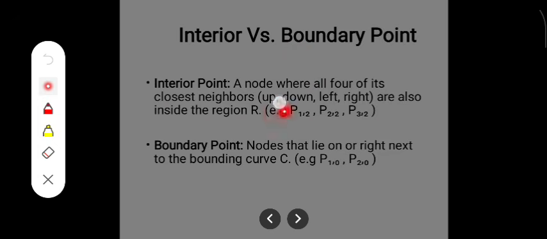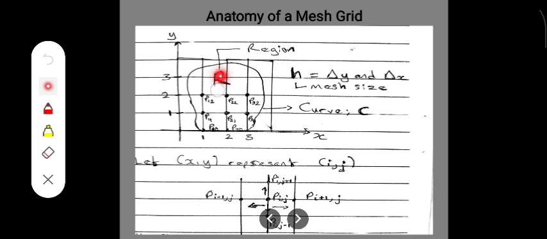Examples of nodes in this particular graph are p22, p32, p21, and p31. In this particular region we have p22, p32, p21. Their north, south, east, west points are also in the region, so those are interior points.